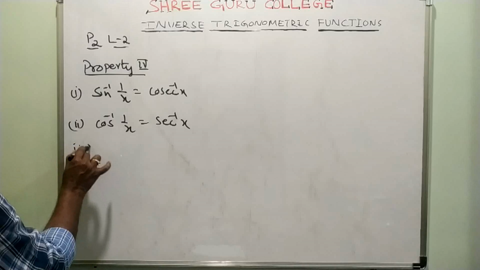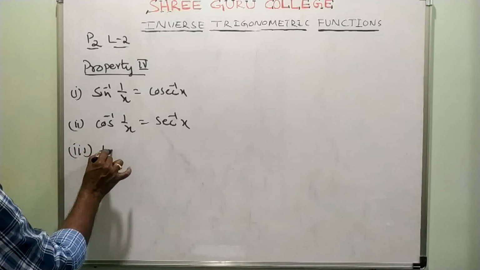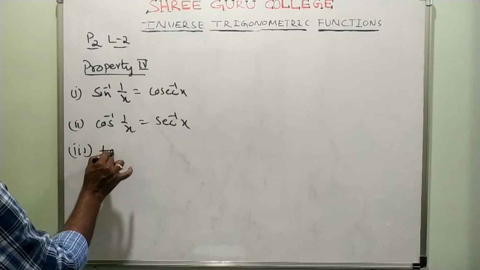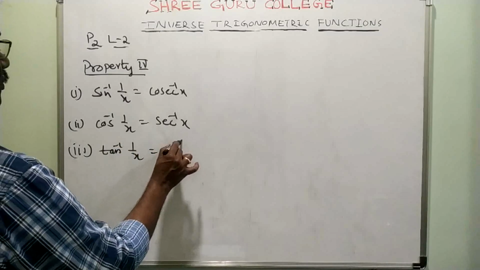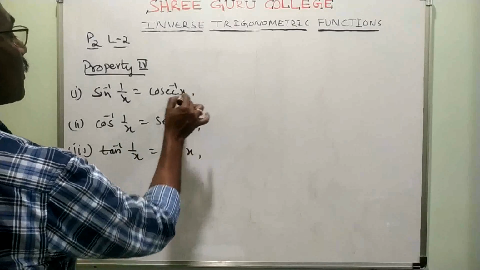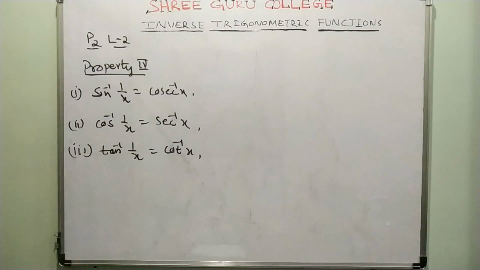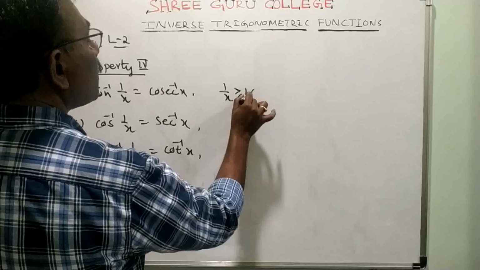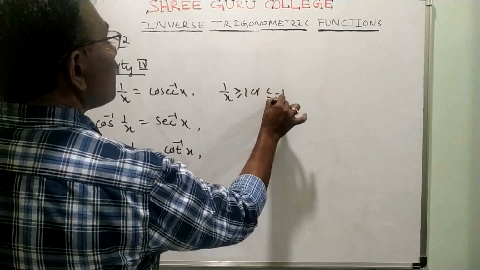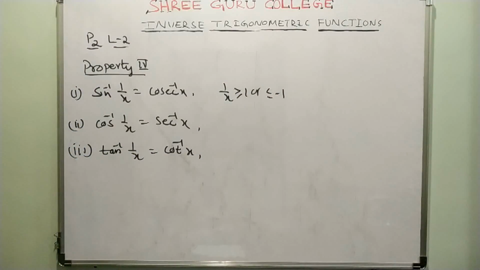So these are called reciprocal properties. Next, tan inverse of 1 by x is cot inverse of x. For this, 1 by x must be greater than or equal to 1 or less than or equal to minus 1.